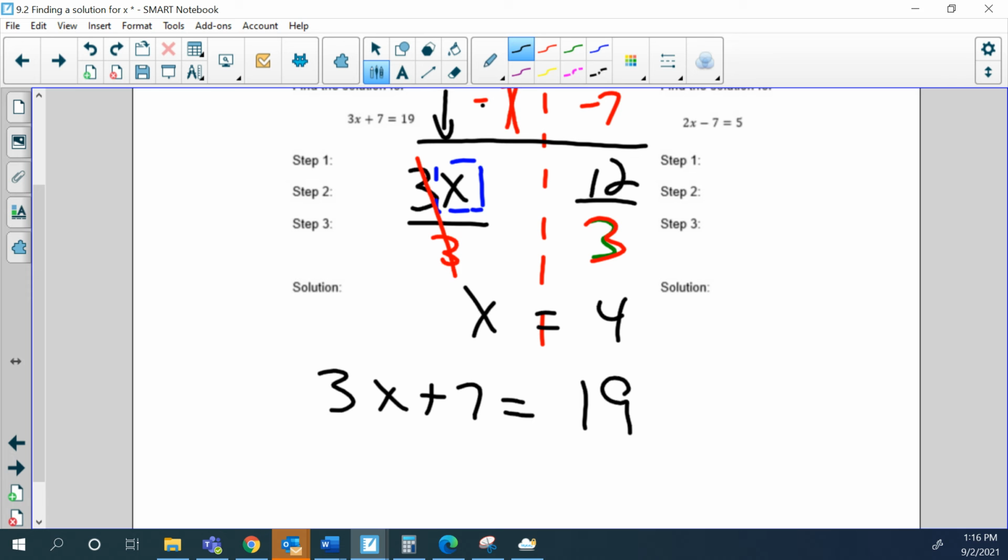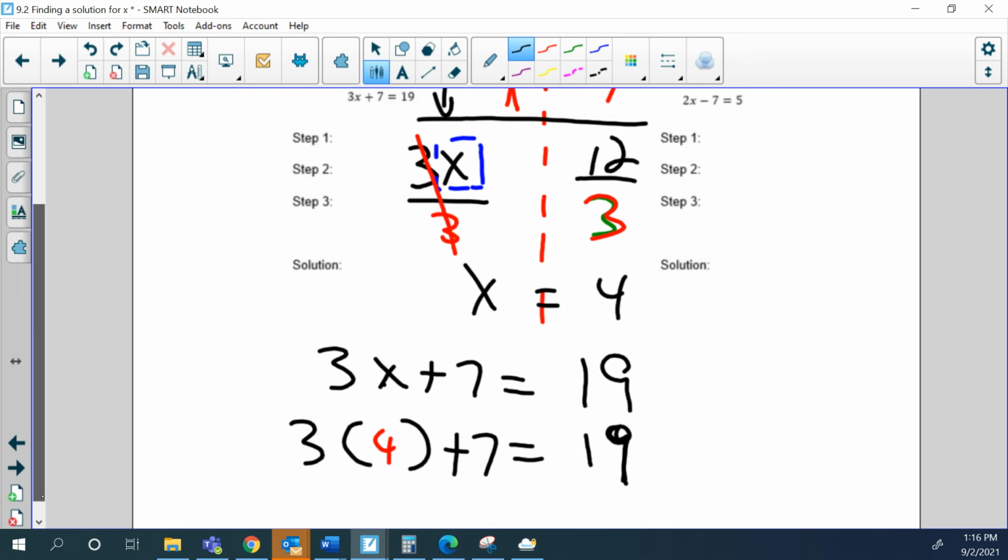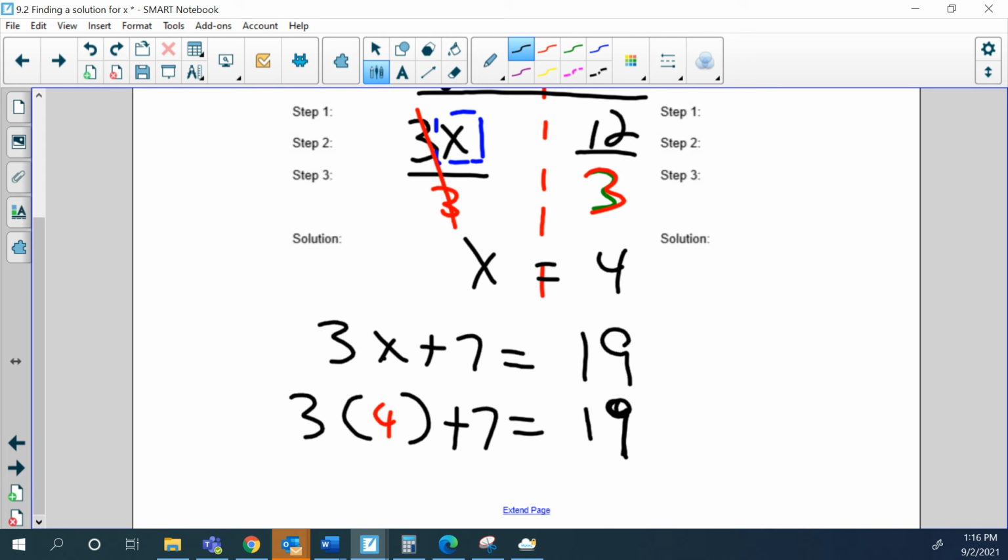So I'm going to replace the x with 4 now. So I'm going to have 3 times 4, plus 7, and that is equal to 19. Now, the left side of the equation must equal the right side for 4 to be the right answer. 3 times 4 is 12. 12 plus 7, and that is equal to 19. All right, 12 and 7 is 19. So, yes, 4 is my correct answer.